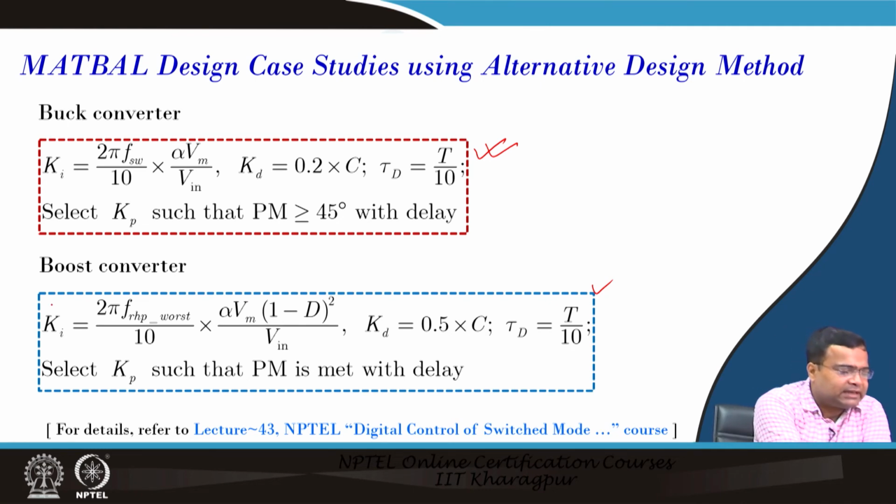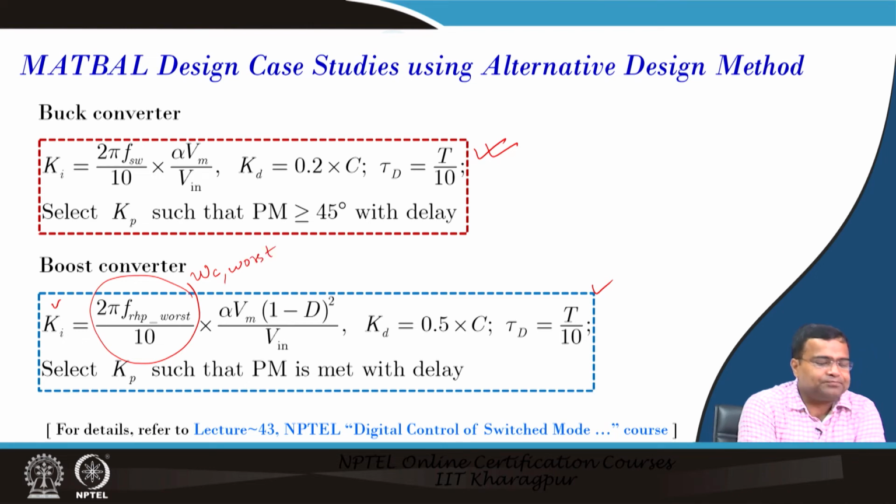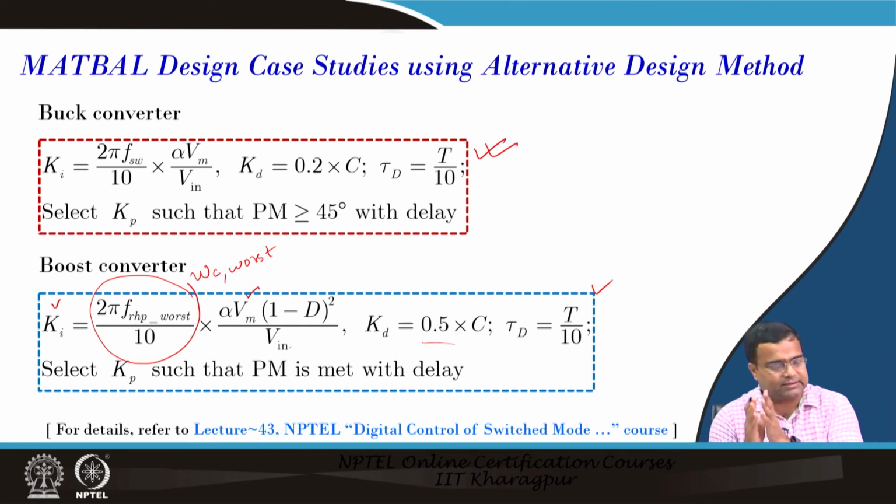Here we will take Ki to be worst case RHP zero, because this sets something like the worst case omega c. Then alpha Vm by Vin, where Vm is our voltage mode controller peak voltage and Vin is the input voltage, times (1 minus d) whole square, and tau d is T by 10, and then Kd is 0.5 times the output capacitor, and we have to take Kp such that the required phase margin is met.